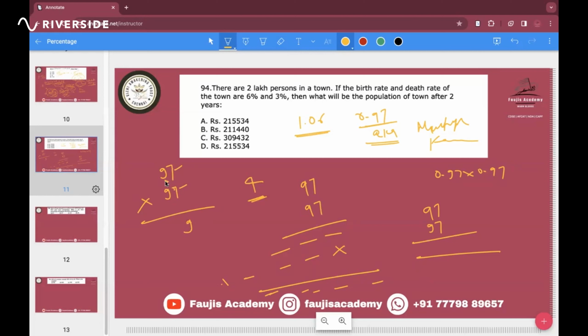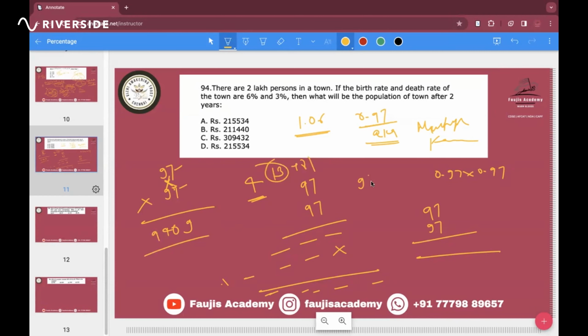Then multiply this and this, and then add it. 9 into 7, 63. 9 into 7, 63. 2 times 63, so that is how much? 126 plus 4, 130. That means 0, and 13 is in your hand. 9 into 9, 81 plus 13. How much? 94. So this will be your answer.